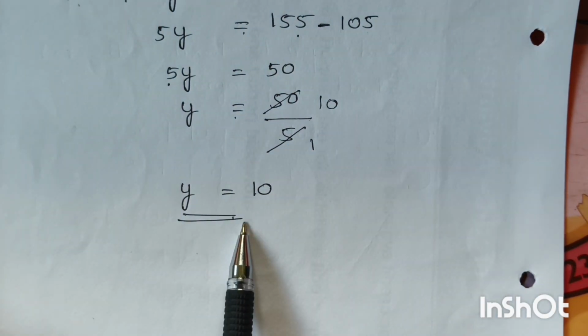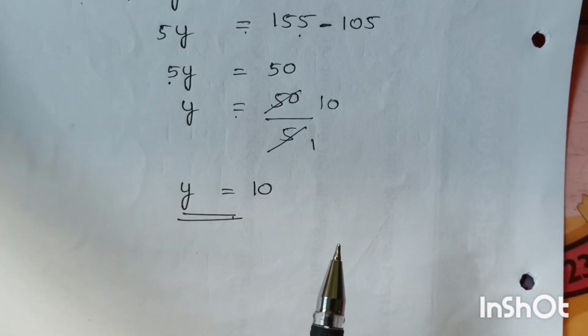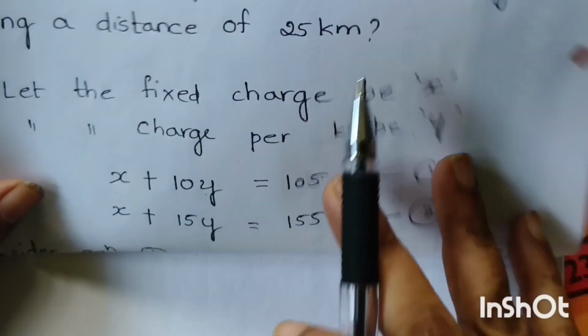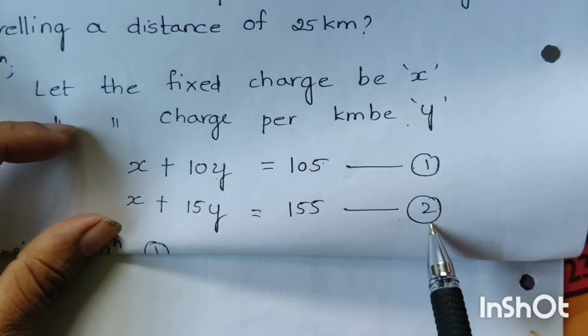Now our intention is to get the value of x. Now you can substitute the value of y in any of these three equations. See here. First we have written these two equations, right? Equation 1 and 2.